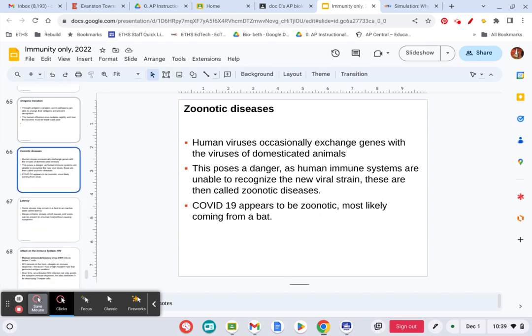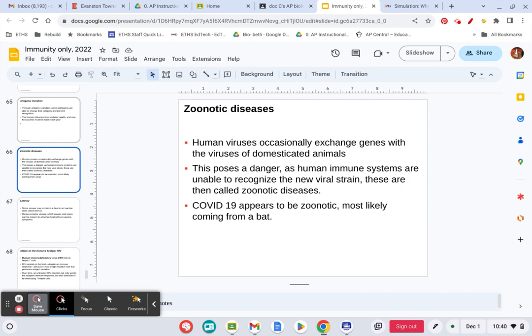I want to just touch on zoonotic diseases. I don't know if it's zoo-notic or zo-notic. It is possible for viral genes to be passed to humans that can cause disease, and they often come from another species.